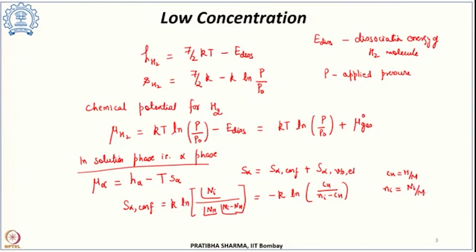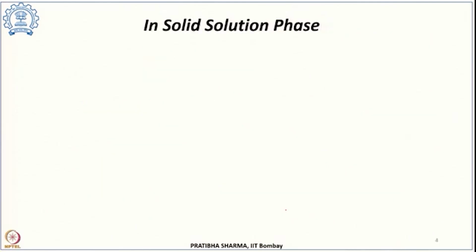Now if we substitute that into the expression, we get Ch upon (Ni minus Ch) equal to the square root of P upon P naught times e to the power minus delta G, the Gibbs free energy, over RT.